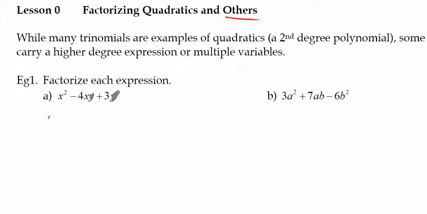You will try to turn it into a product of two brackets. And you will try to come up with two terms that will give us a product of x squared. And then to complete it, we will try to come up with two numbers that will multiply to give us positive 3 and add up to the middle term.